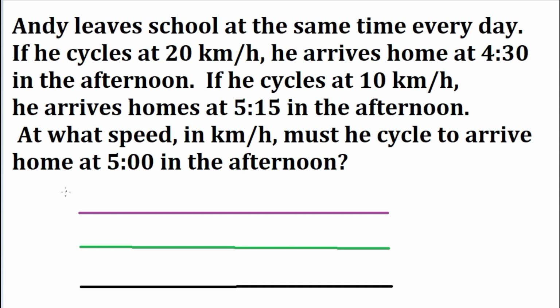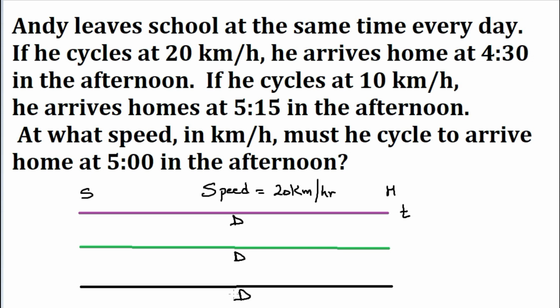Let's take this up. Suppose this is the school and this is the home for Andy. In the first scenario, the speed is 20 kilometers per hour, and suppose he reaches at 4:30, so let's take the time taken by him as t and the distance covered as d. In the other scenarios also, the distance is going to be d, because the distance is not changing.